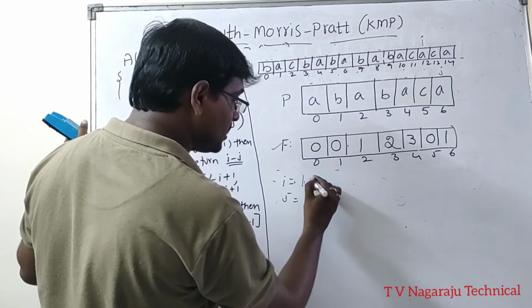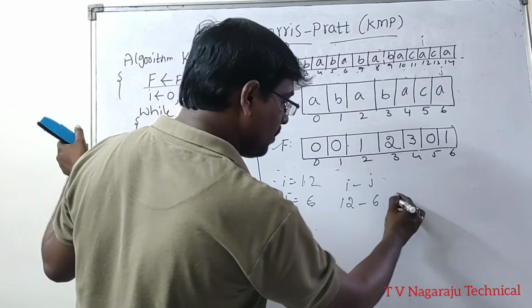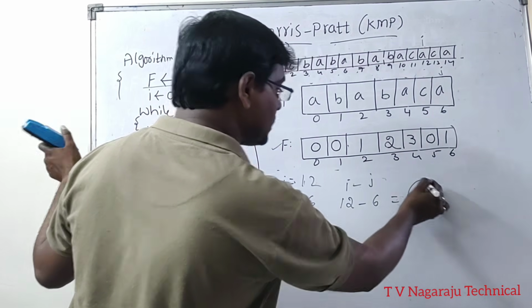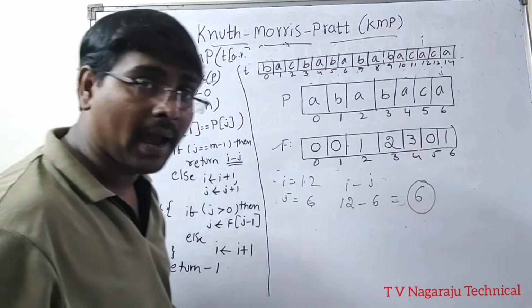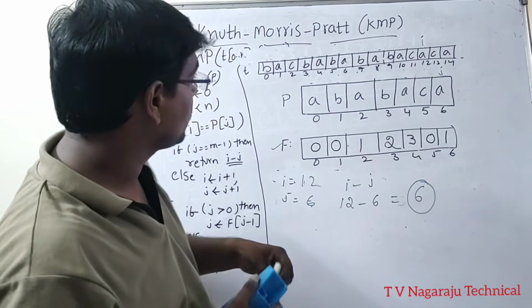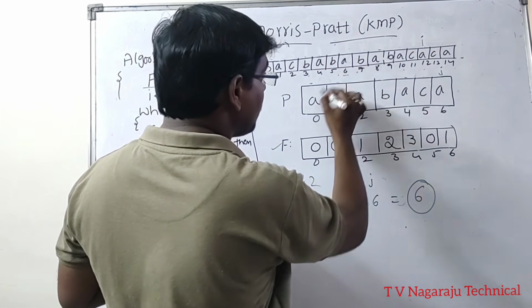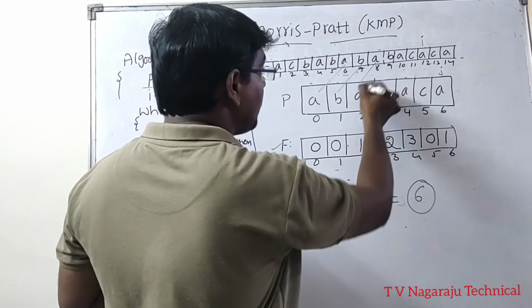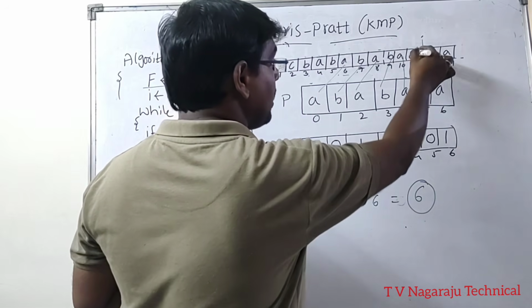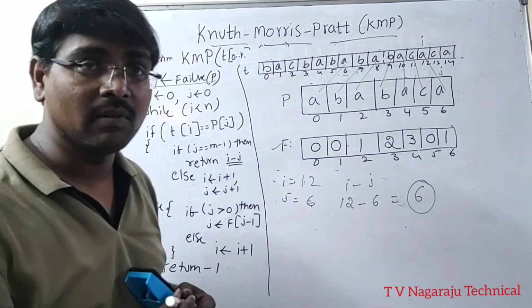Return I minus J. That is 12 minus 6. 6 is the answer. Observe, your pattern is available at the 6th position. Check this one: A, B, A, B, A, C, A. Your complete pattern is available.